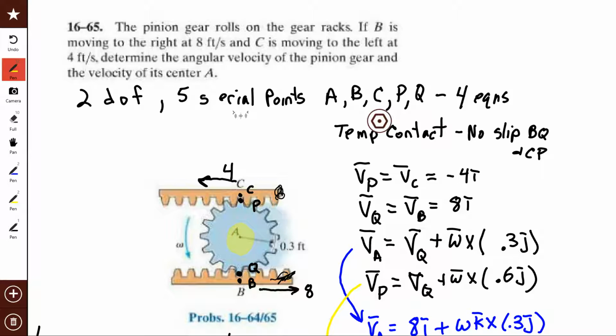There's one more point that's special. Why is it special? A, because you want to know something about it. I would say it's also special because you do know something about it. What do you know about it? I'm not sure about that, but you know it has a zero vertical velocity. I don't need that, by the way.